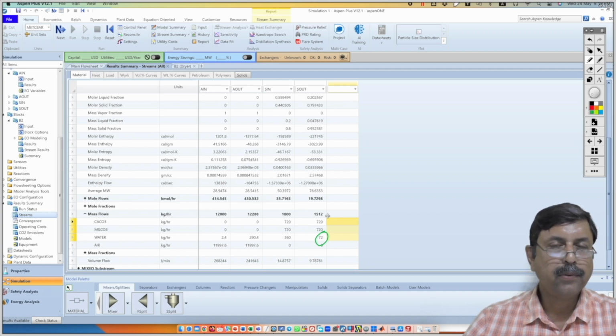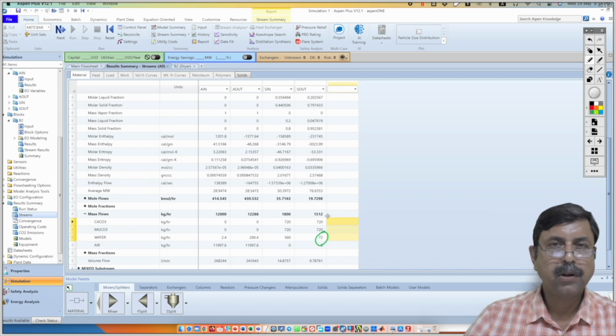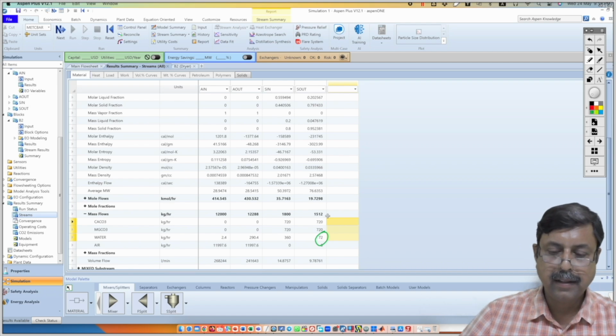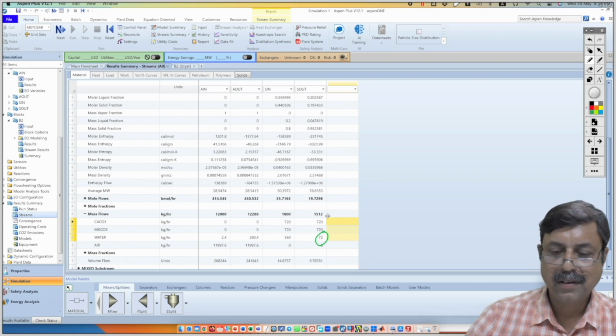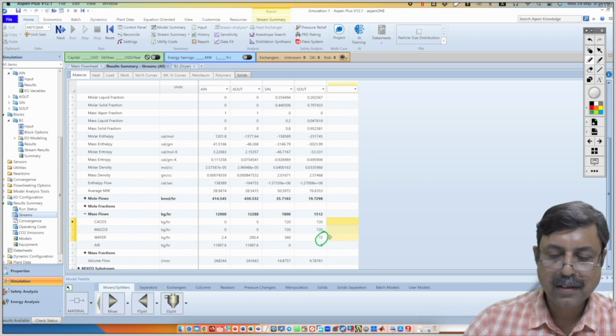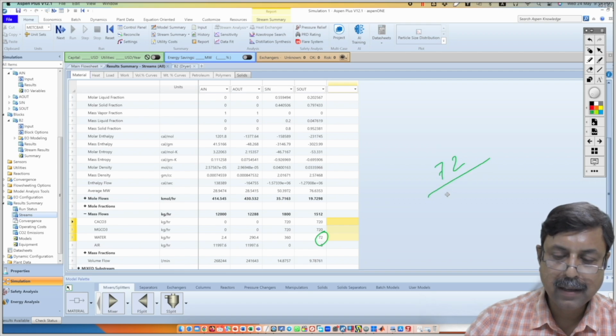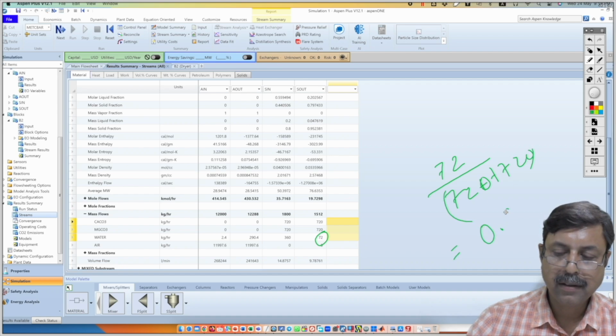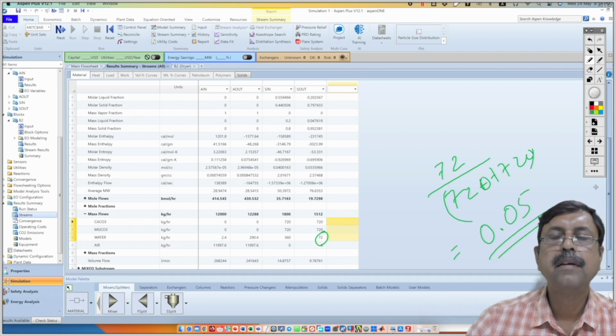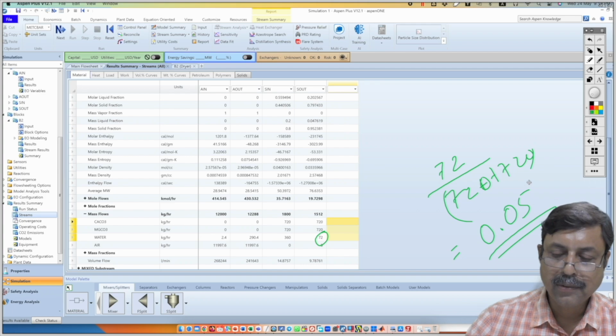Okay, so what is the problem? Is there anything we are missing here? Just check what it is. It is 72 by 720 plus 720. How much is it? This is 0.05, isn't it? So what is this figure?